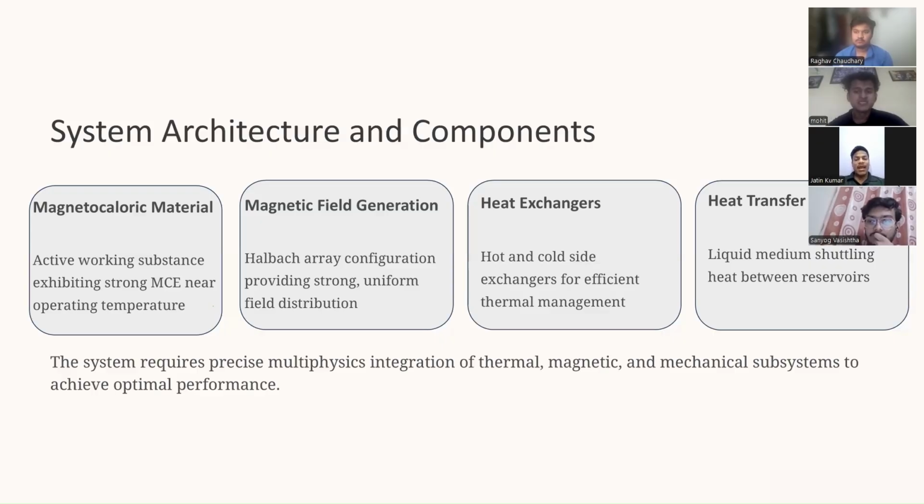They ensure efficient thermal management between the material and the working fluid. And the final one, heat transfer fluid. This liquid medium continuously moves between the hot and cold reservoirs, shuttling heat and maintaining the cycle operation. Finally, the system as a whole requires precise integration of thermal, magnetic, and mechanical subsystems to achieve the best possible performance.